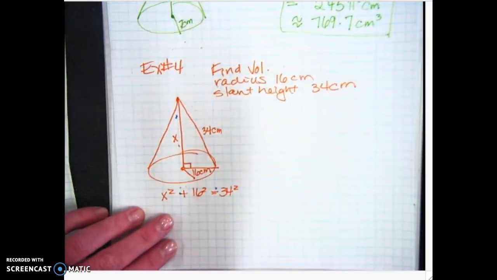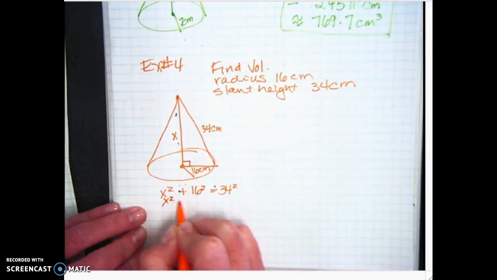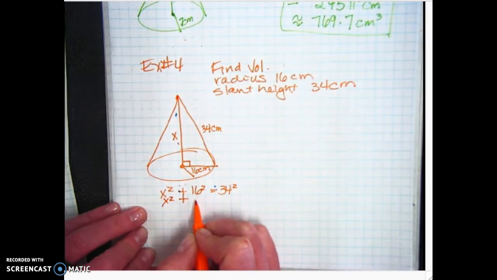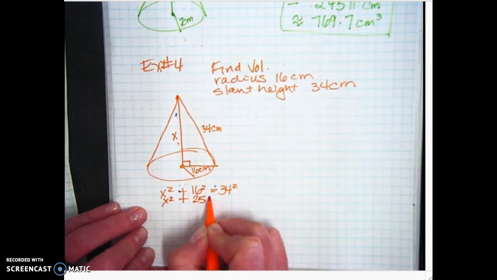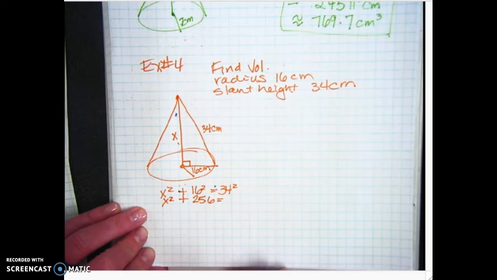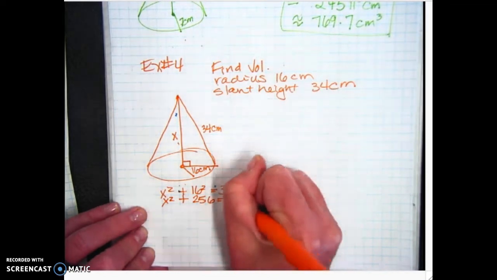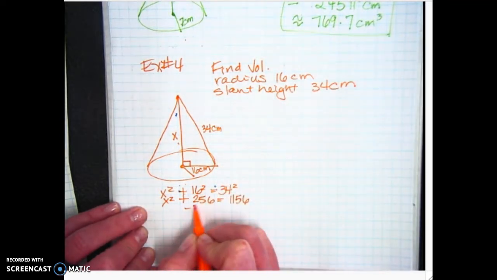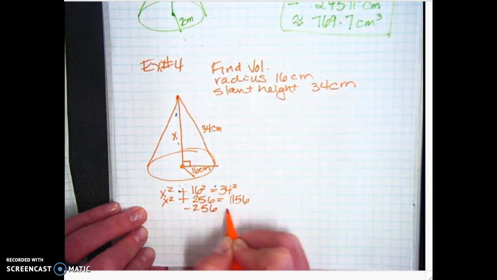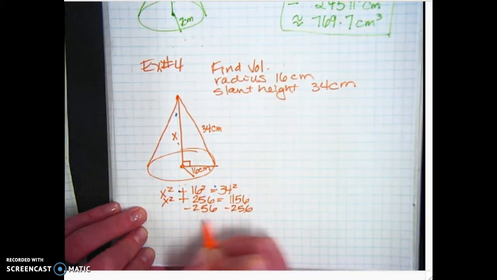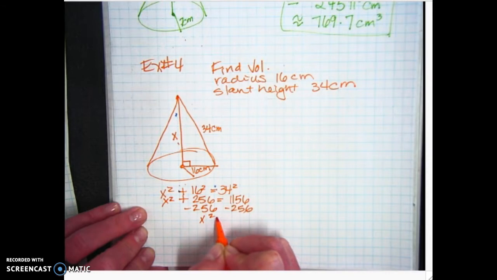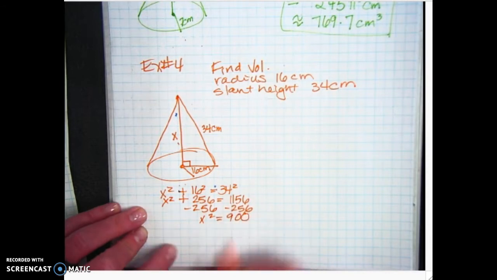All right. So x, simplify a little bit here. x squared plus 256. And 34 squared is 1156. So we subtract the 256 from both sides. And x squared is 900. So what's x?